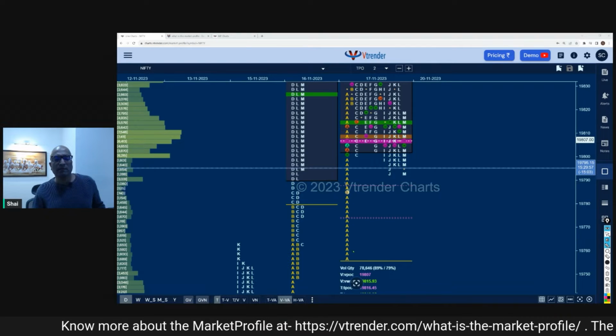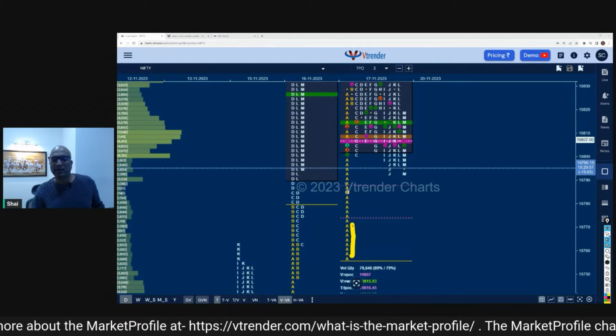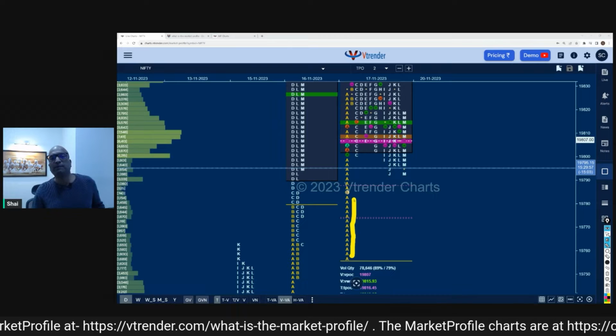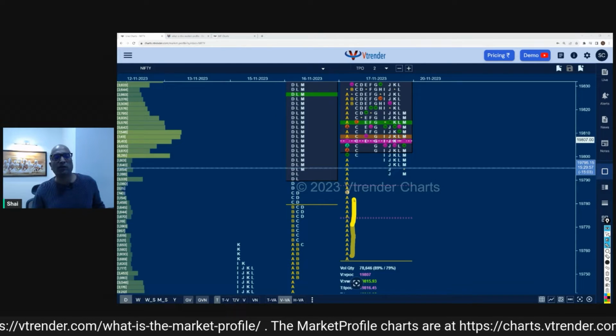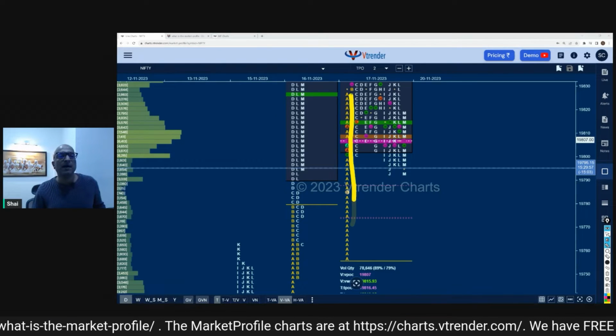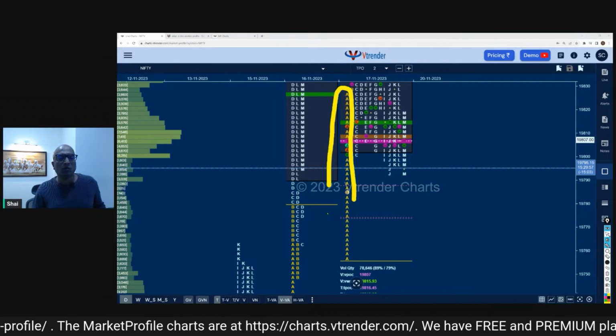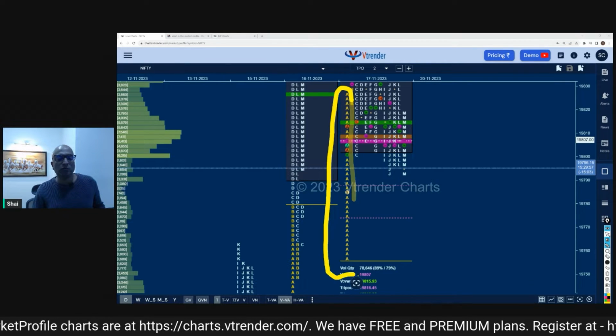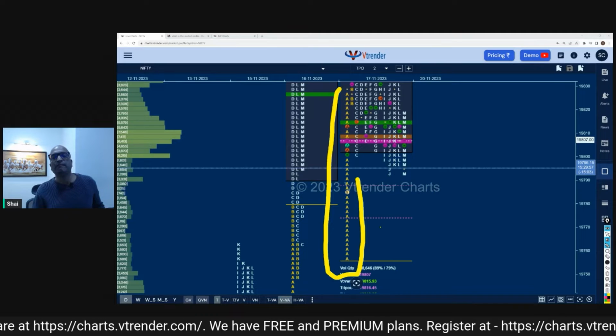Every single 1 point move of price which happened between 9:15 and 9:45 will be represented by the letter A. That is all there is to the meaning of the word TPO.